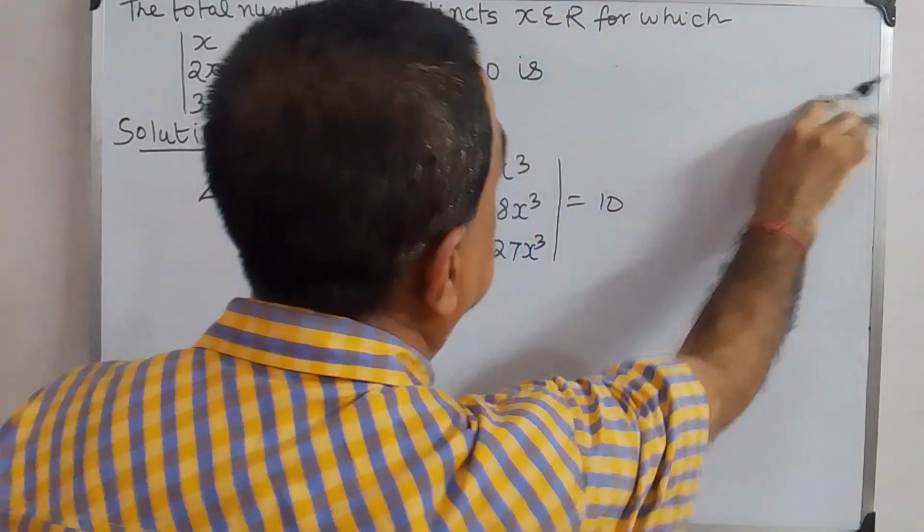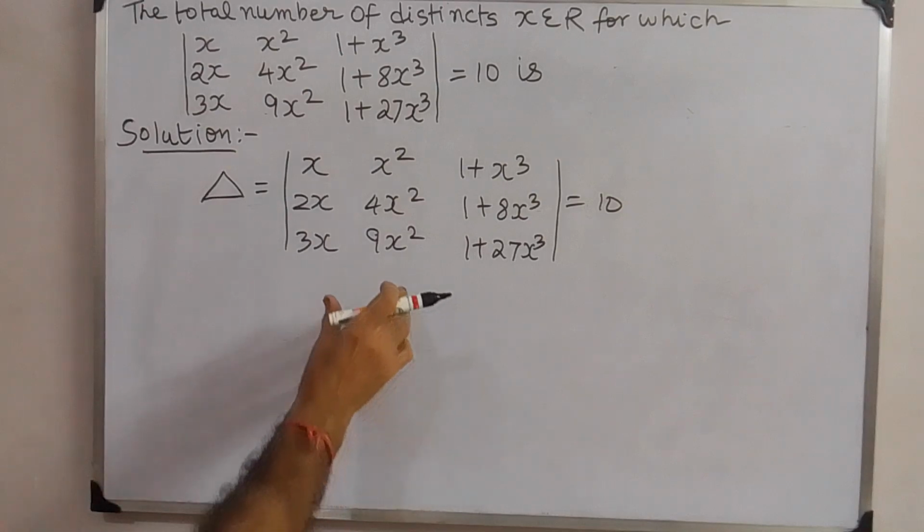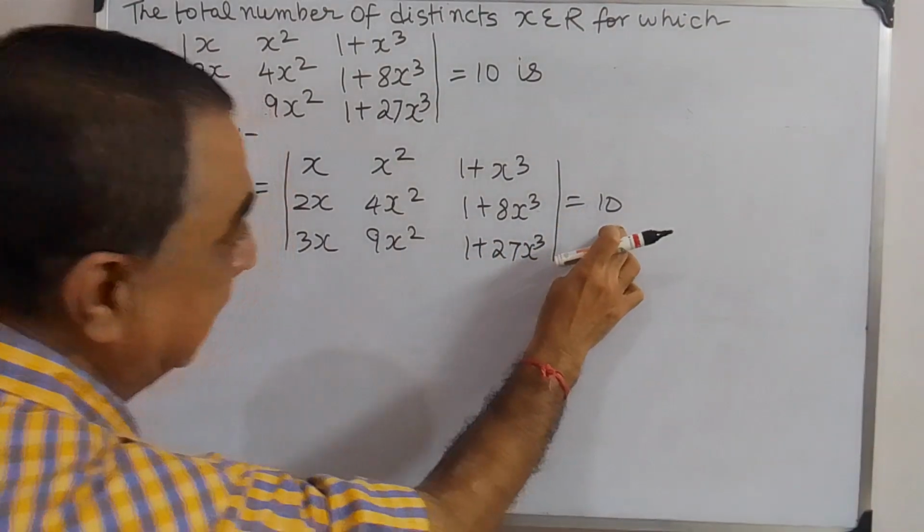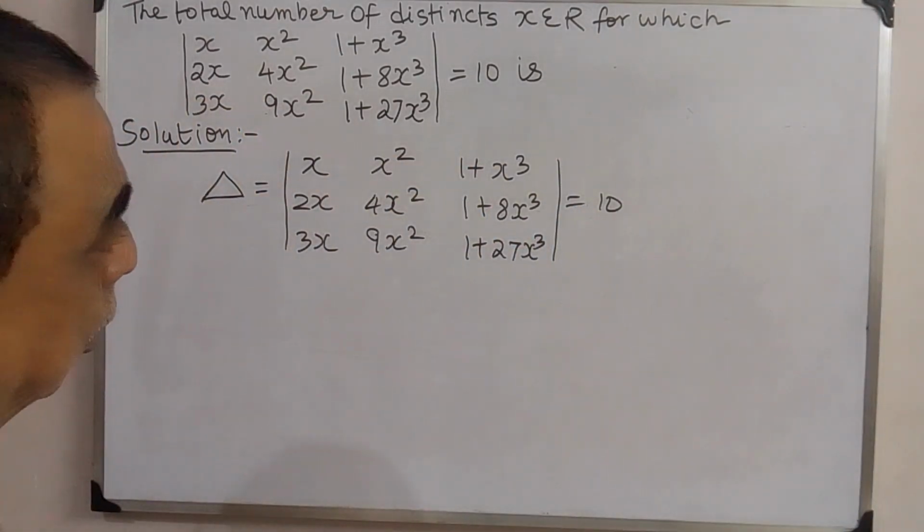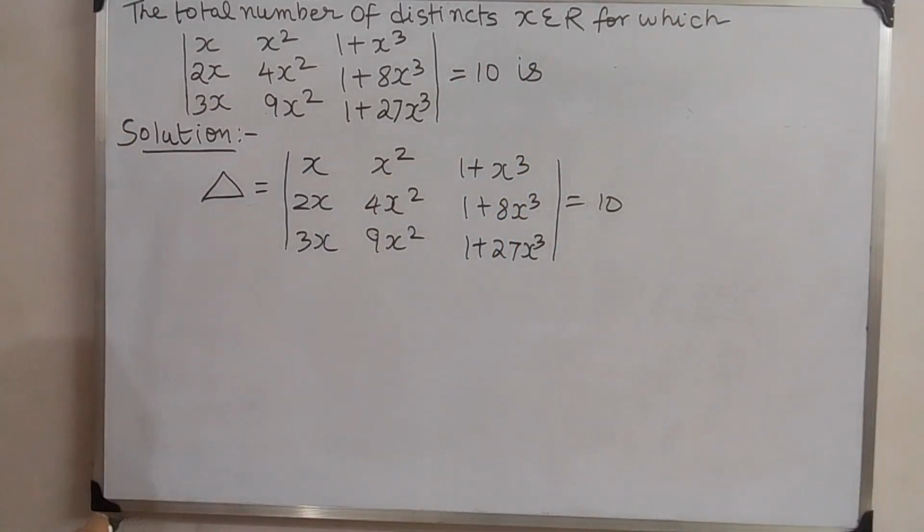Now we will expand this determinant, equate it with 10 and find all the possible values of x which are elements of the real numbers.